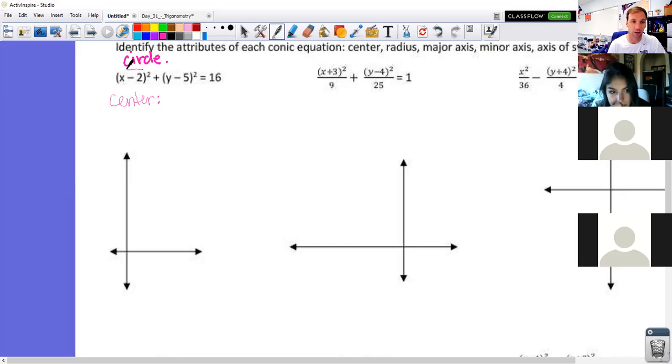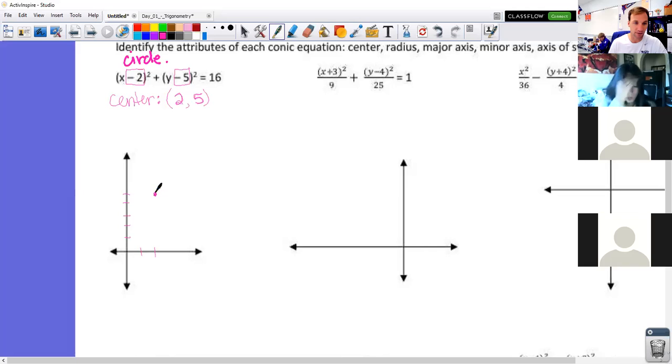The center comes from your x parentheses. This is a minus 2 in parentheses, so it's a positive 2 when it comes out. And this is a negative 5 in parentheses, so it's a positive 5 when it comes out. So we have a center at 2, 5. So 2 units right and 5 units up.